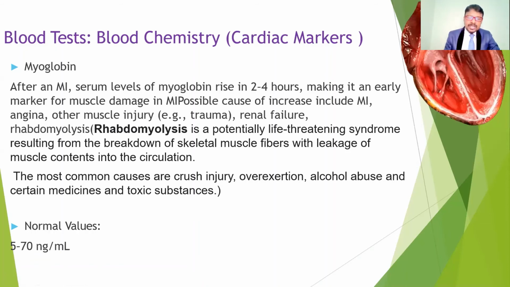The normal value is 5 to 70 nanograms per milliliter. So in 1 milliliter, it is going to be 5 to 70 nanograms. These are the normal values of myoglobin.